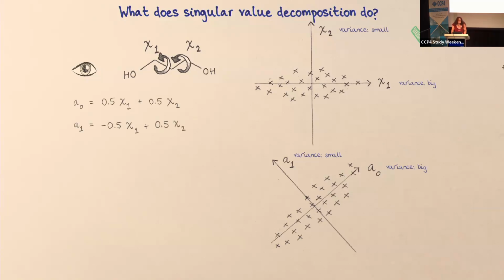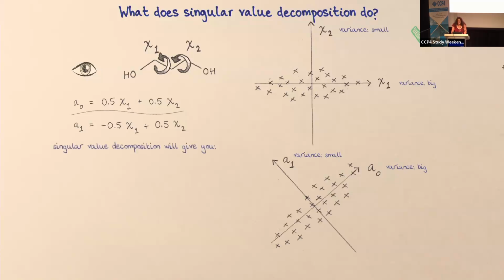We can always relate those new axes in terms of the old axes. So for example, the big variance here is correlated between a positive chi1 and chi2 value. So we don't actually lose this information at any point.